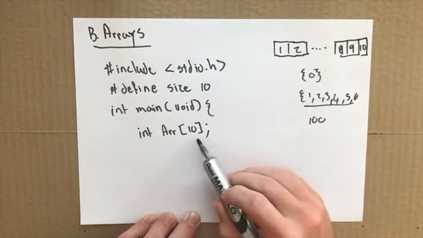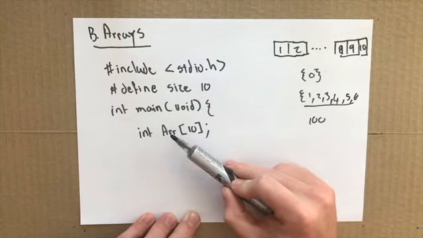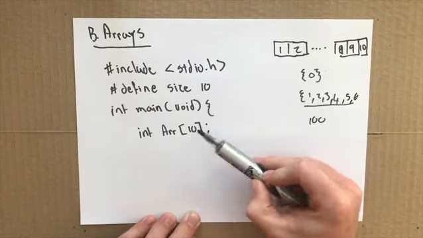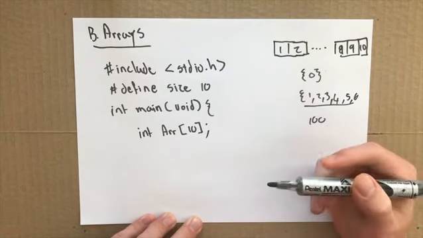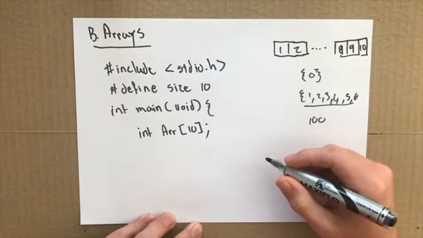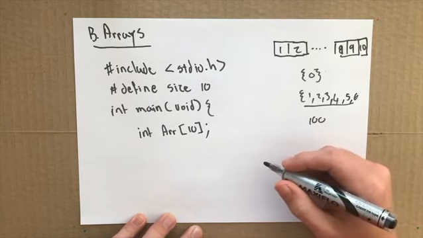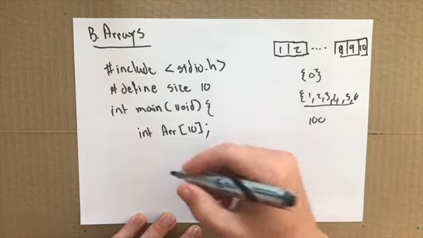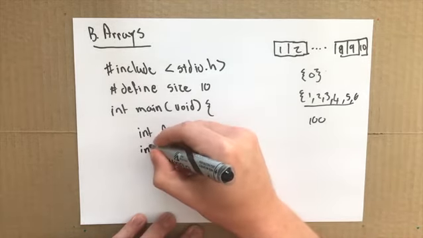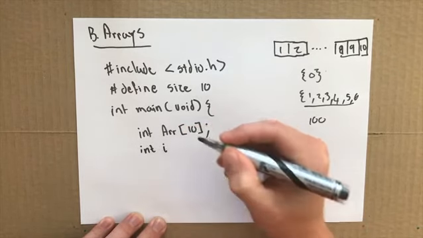So in this array it's got a type int, a name arr and a size 10. Now we can exploit the counter controlled looping structure called the for loop to help us do the job much easier. So how would we do it? We will create a counter variable.